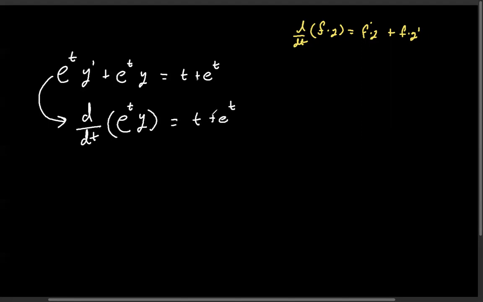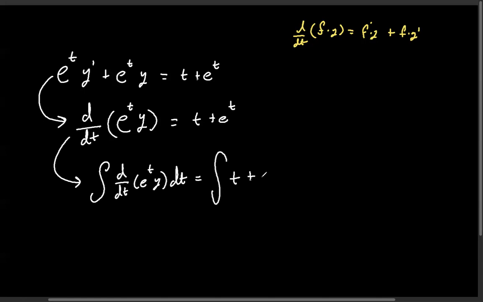Kind of a lot, because now if you integrated that derivative we just identified, the integral of the derivative of e to the t y dt equals the integral of (t plus 1) e to the t dt. I've got to watch my t's and my pluses. If we integrate this, it is what it is. It's the fundamental theorem of calculus right there, so it just pops out. That's kind of cool.